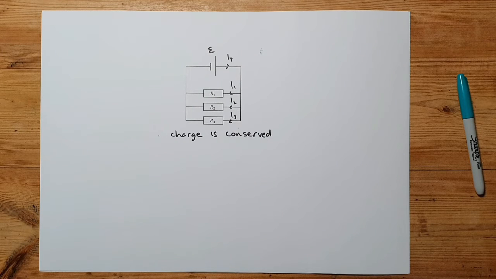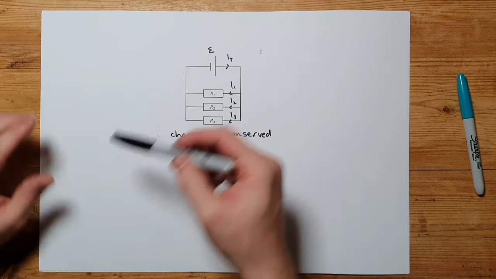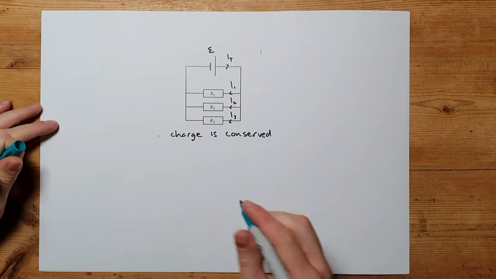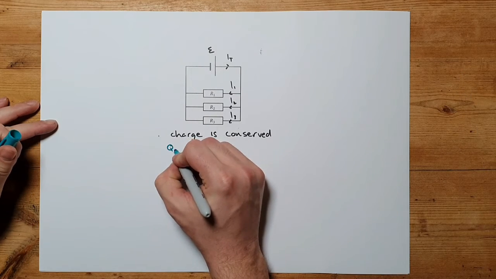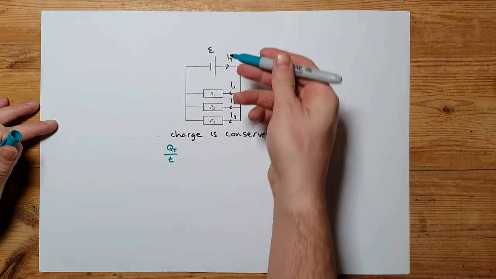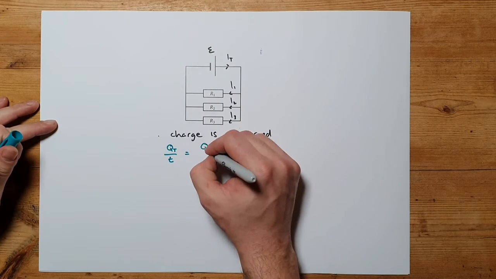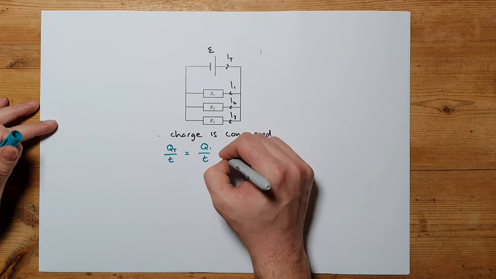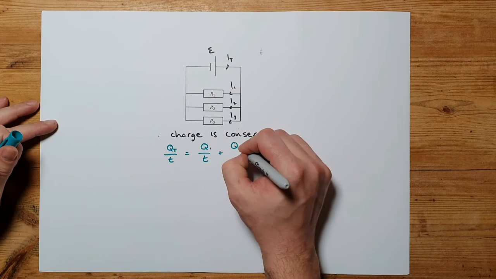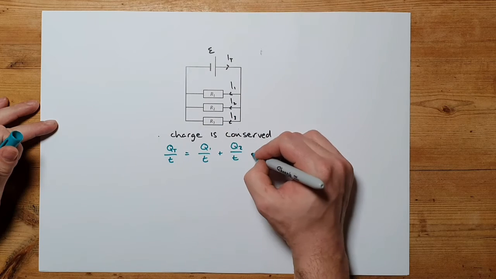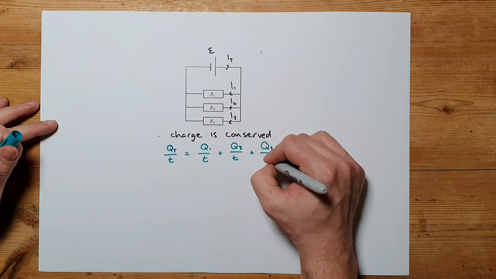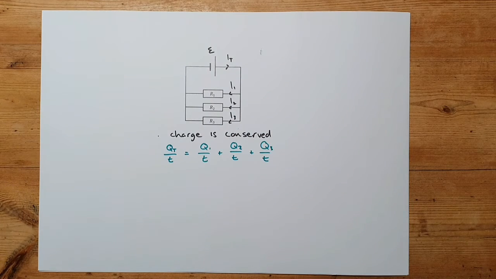So what that means is we can say the charge per second here, which we'll write in green, is going to equal the charge per second here plus the charge per second here plus the charge per second here. Okay.